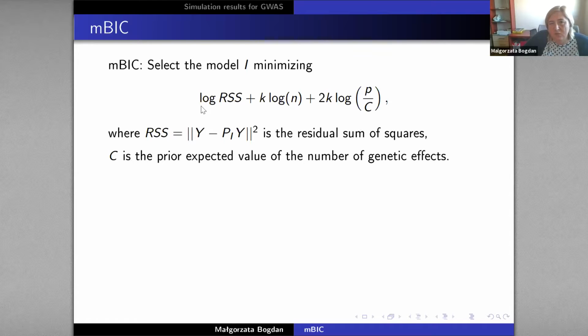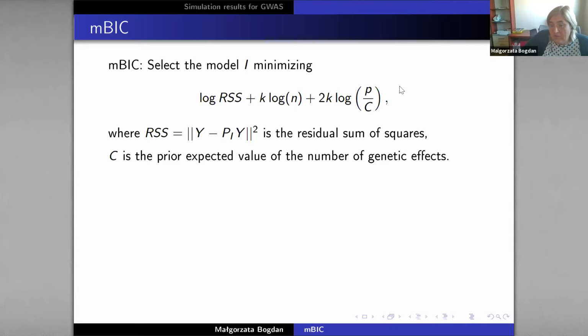The C value has an interpretation as the prior expected number of genetic effects. When you expect to have 20 important genes, you plug in 20. When you expect to have 10 important genes, you plug in 10. And you still have a penalty which increases with p, like 2 log p, when you have more and more variables in your database.